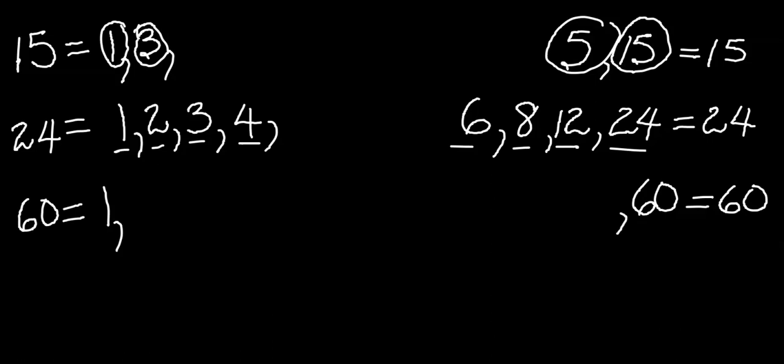Now, 2 can also divide 60. And 2 into 60 goes 30 times. So 2 pairs with 30. We'll proceed the trend. 3 can also divide into 60, and 3 into 60 goes 20 times.